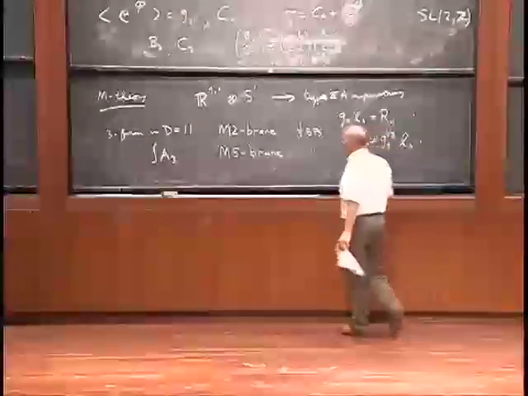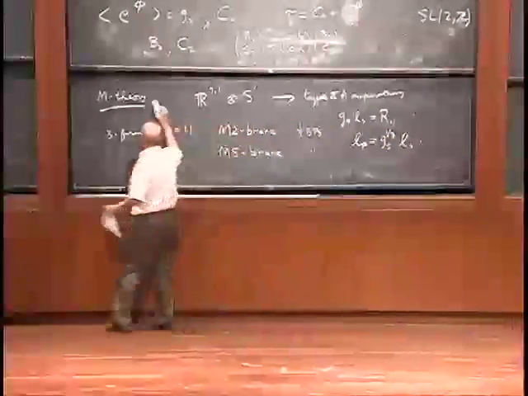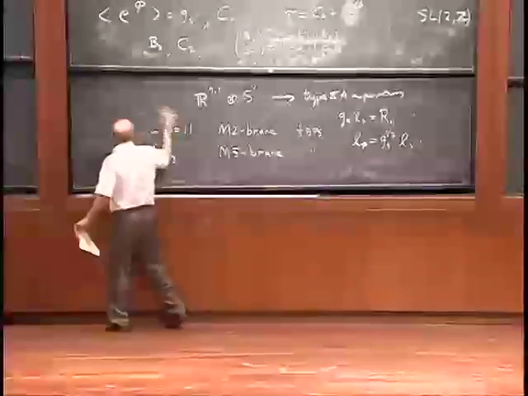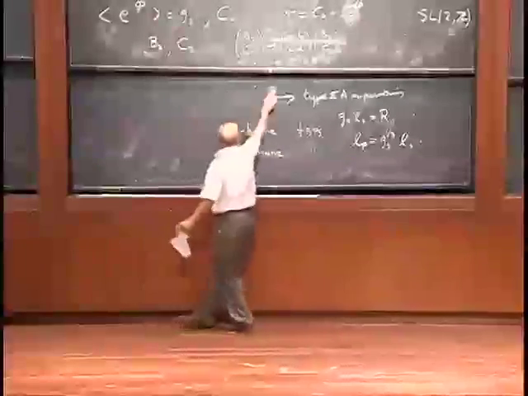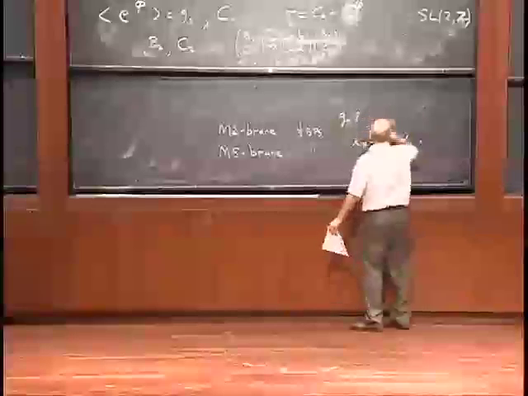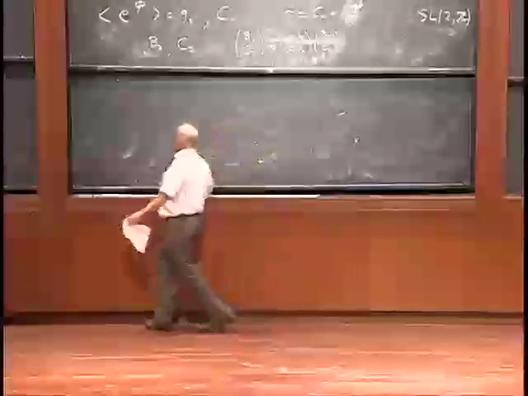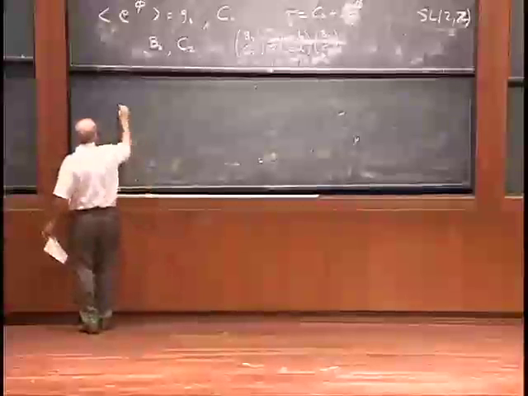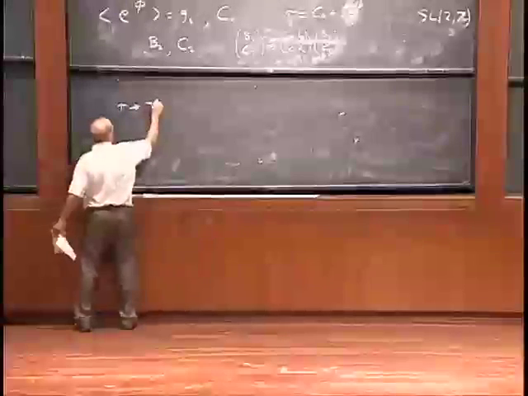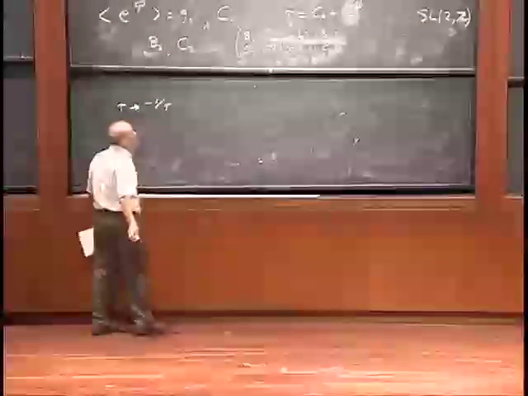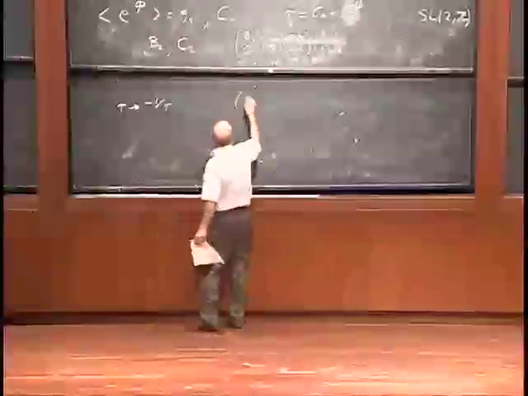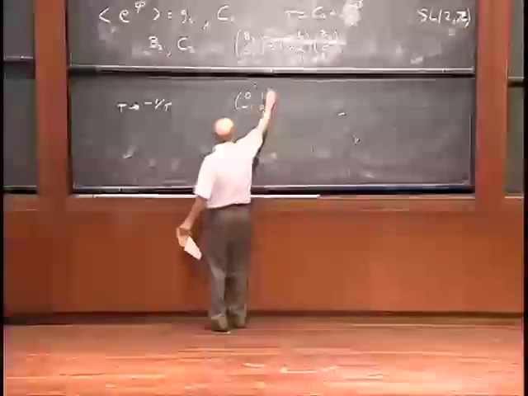Now, this SL2Z is important for the following obvious reason. One of the transformations that generates SL2Z is the transformation in which tau goes to minus 1 over tau. That corresponds to a matrix that looks something like that.